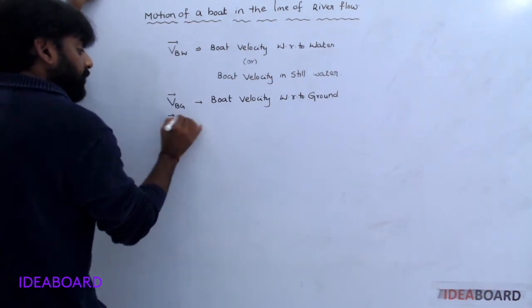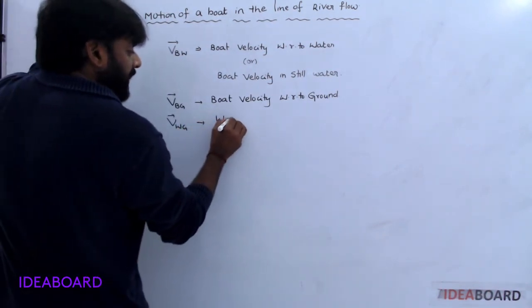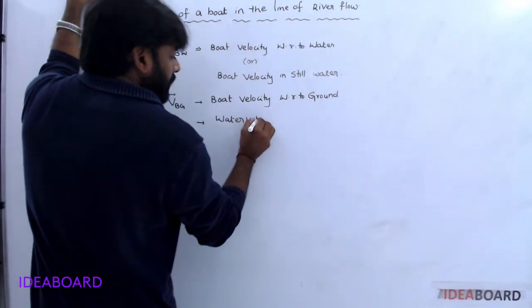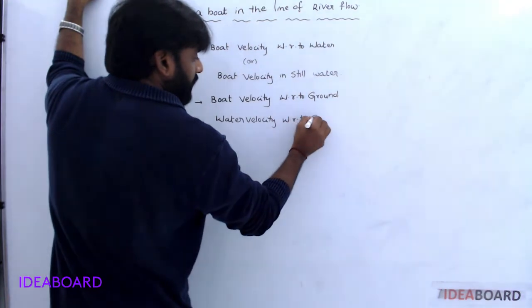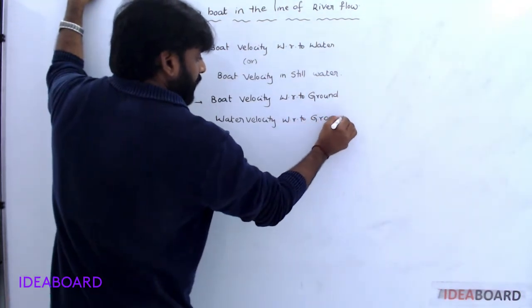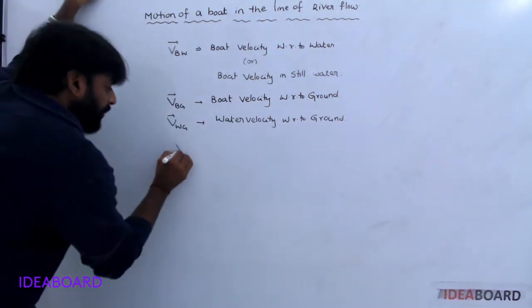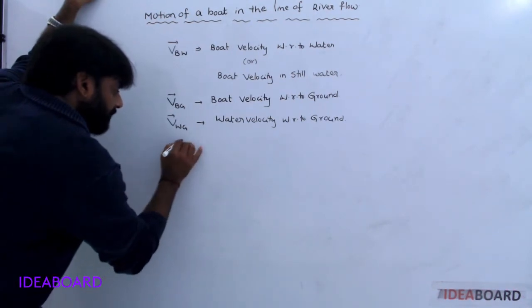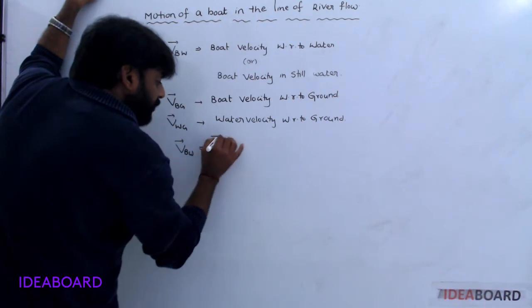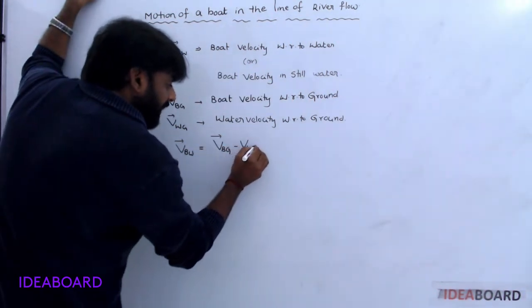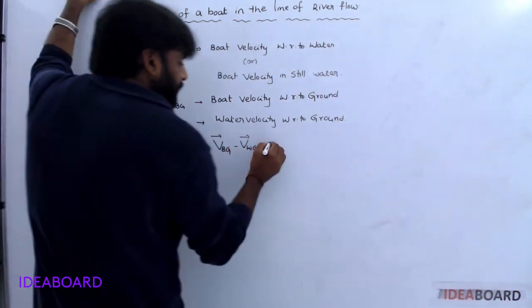Water velocity with respect to ground. This one is water velocity with respect to ground. Understood? Okay. Boat with respect to water is written as boat velocity with respect to ground minus water velocity with respect to ground.